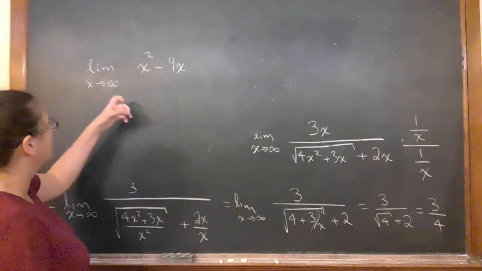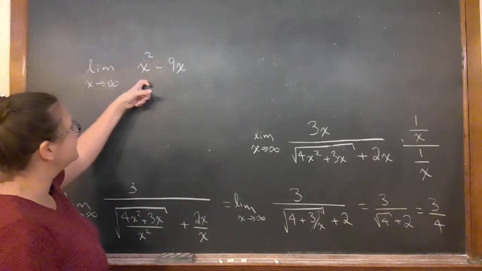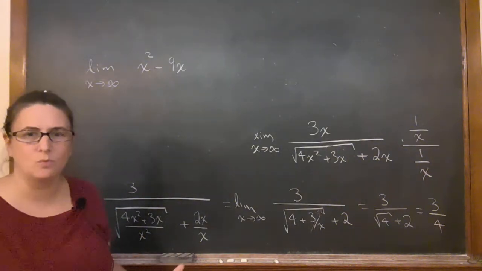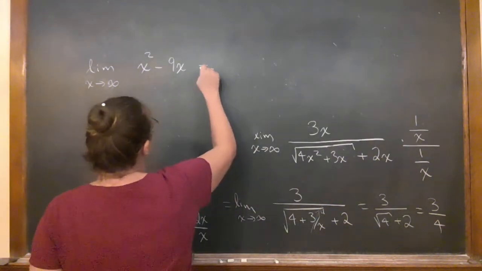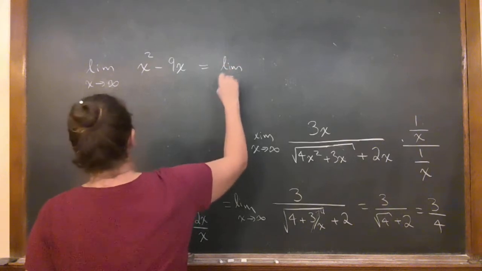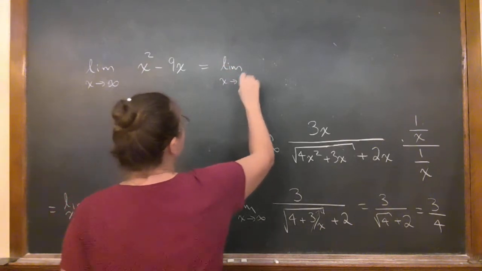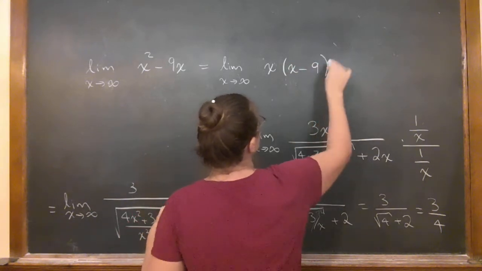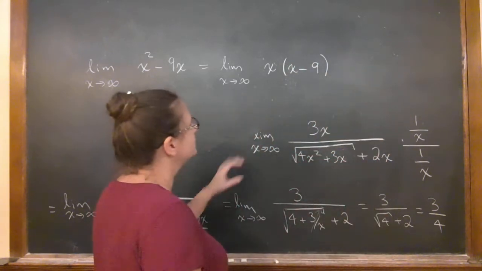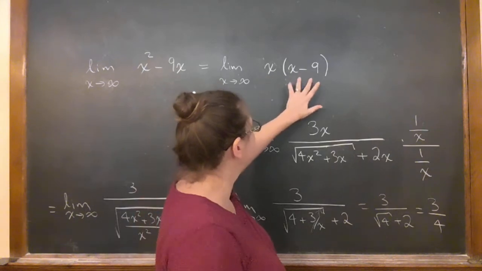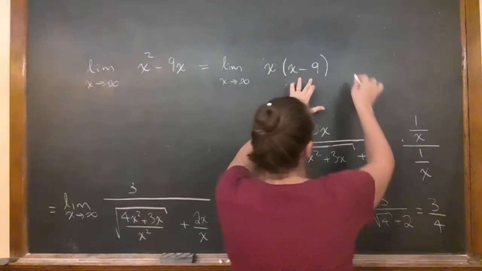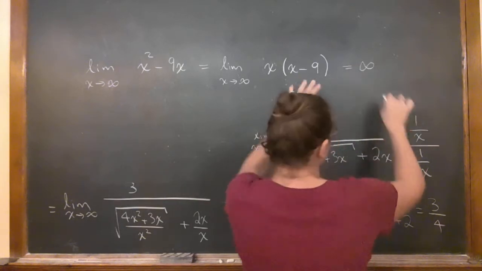But it's got an infinity minus infinity form, so you kind of have to do something with it. One thing you can do is immediately factor out an x. Okay? And now I'm looking at infinity times infinity, which is clearly also going to go to infinity.